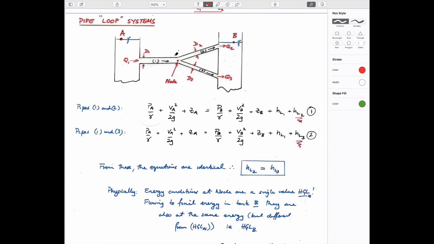And I guess we know that one part of the network is in common for both of those flows. And so what we can do is write Bernoulli for each of those routes.